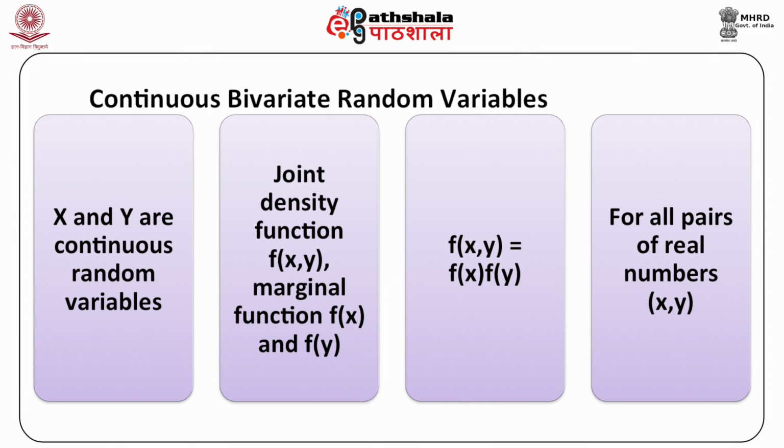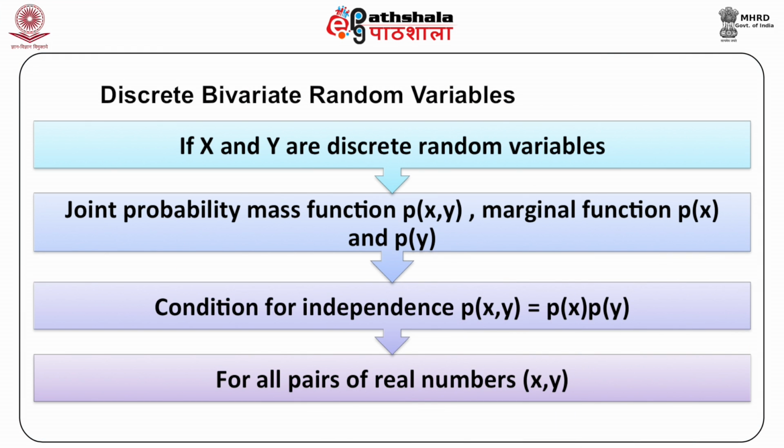Continuous bivariate random variables. If X and Y are continuous random variables with the joint probability density function f(x,y) and marginal density functions f(x) and f(y) respectively, then from the above definition of independence, X and Y are independent if and only if f(x,y) is equal to f(x) times f(y) for all pairs of real numbers x, y. Discrete bivariate random variables.